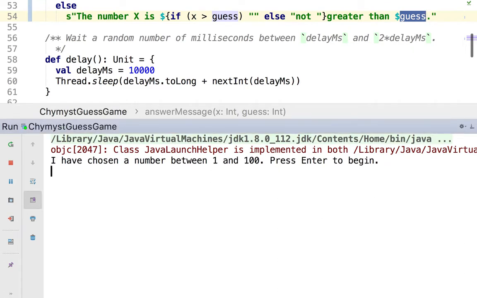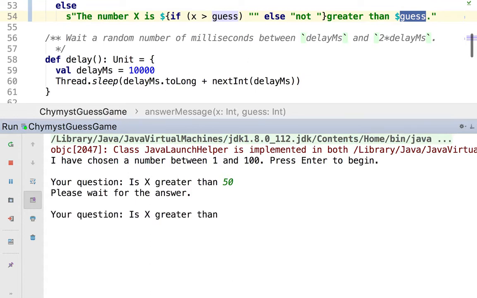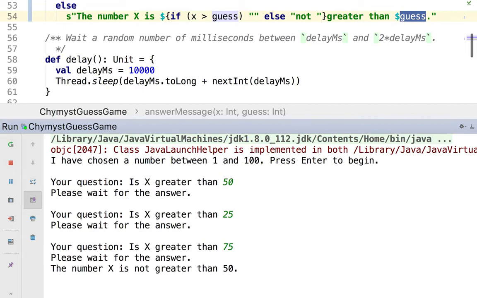All right, so I'm pressing enter. Is x greater than 50? I ask. I again press enter. Is x greater than 25? I ask. I again press enter. 75, I ask. I got an answer that it's not greater than 50.